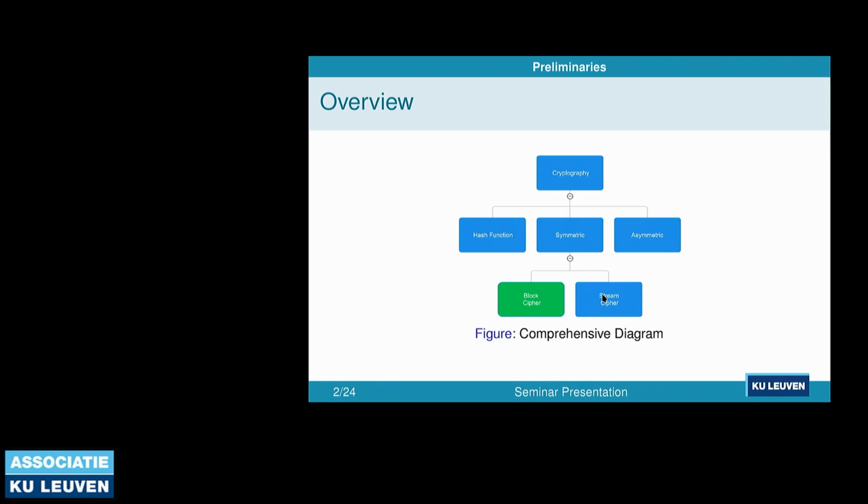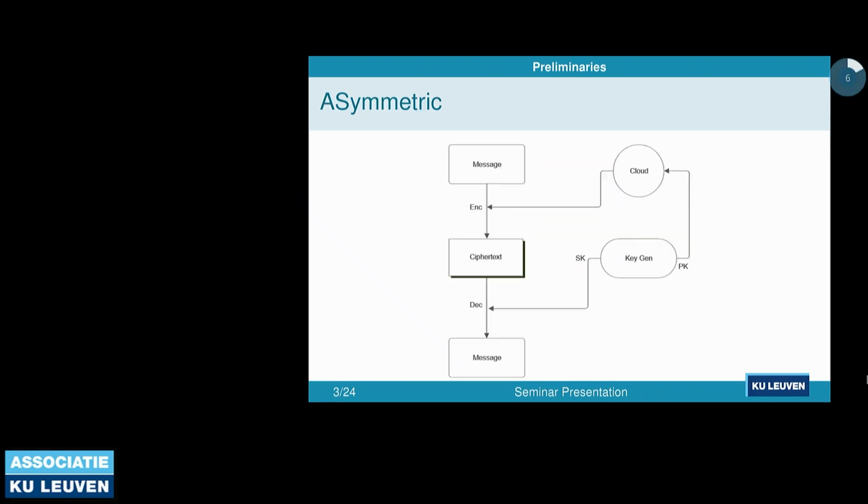We will mostly be discussing the symmetric and asymmetric ciphers, mainly the block cipher within this. But you already know this. The asymmetric one has the property that there's a cloud where we can store our shared key, or public key as it is known, but we also have a secret key, which is only known by the person generating the encryption, so that everyone can encrypt whatever data they have, but nobody can decrypt it except the owner of these keys.